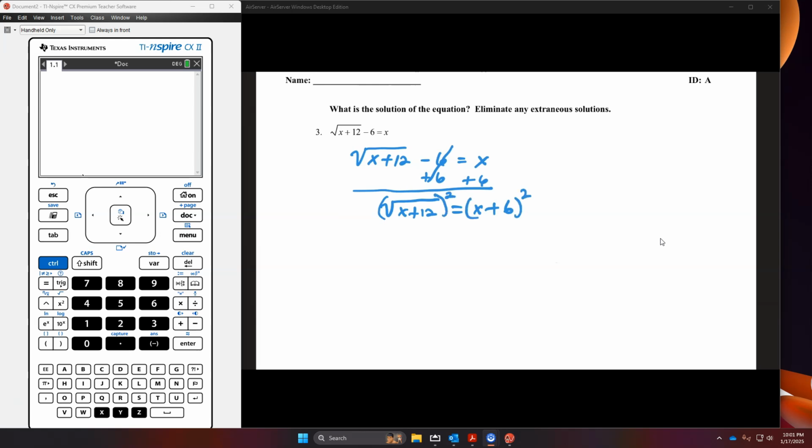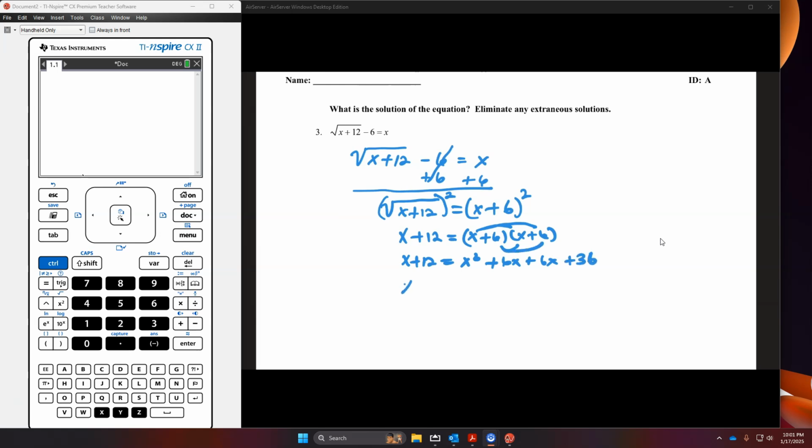So once you square a radical, you're going to have x plus 12 on the left side. And here you have (x plus 6) times (x plus 6). So this will be x plus 12 equals x times x, which is x squared, x times 6, which is 6x, and then 6 times x, which is 6x, and then 6 times 6, which is 36.